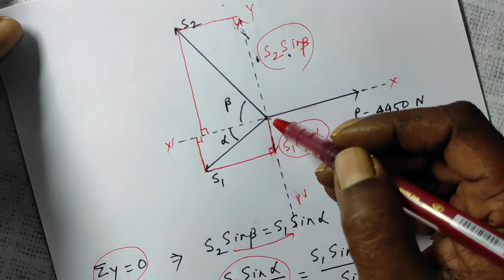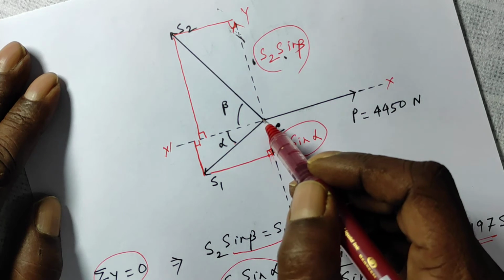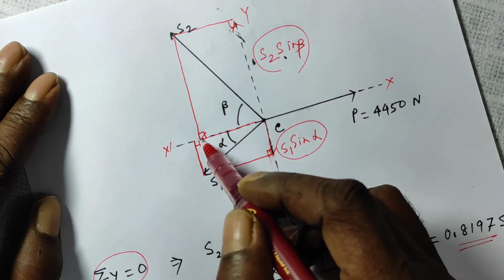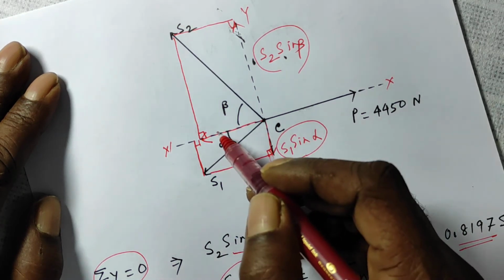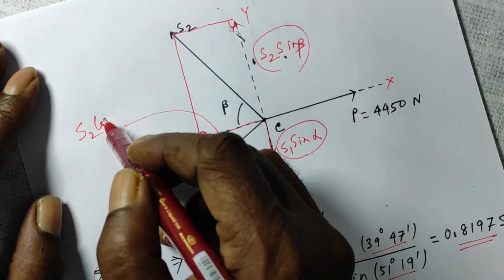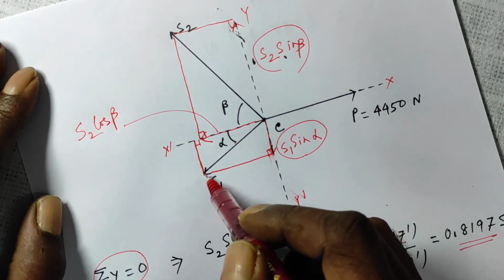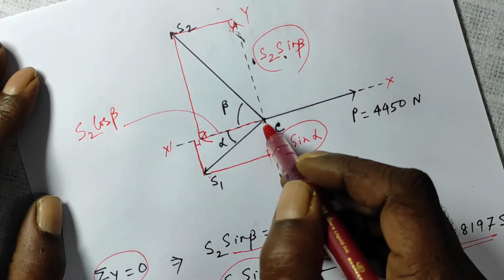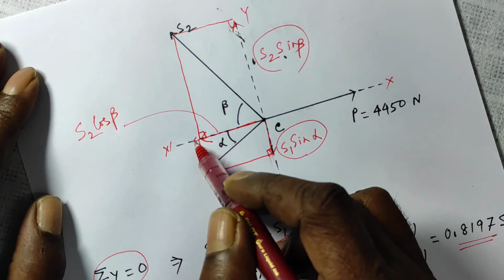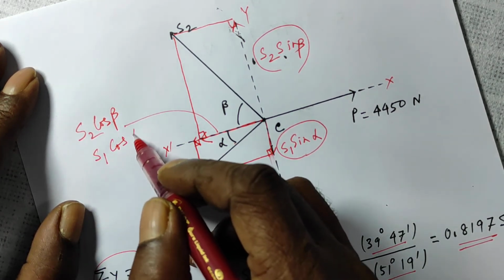Now apply sigma x is equal to 0. The component of this axial force S2 along negative x-axis, from this point to this point, will be equal to S2 cos beta. Similarly, the x component of S1, if you drop a perpendicular from here to here, will be S1 cos alpha.